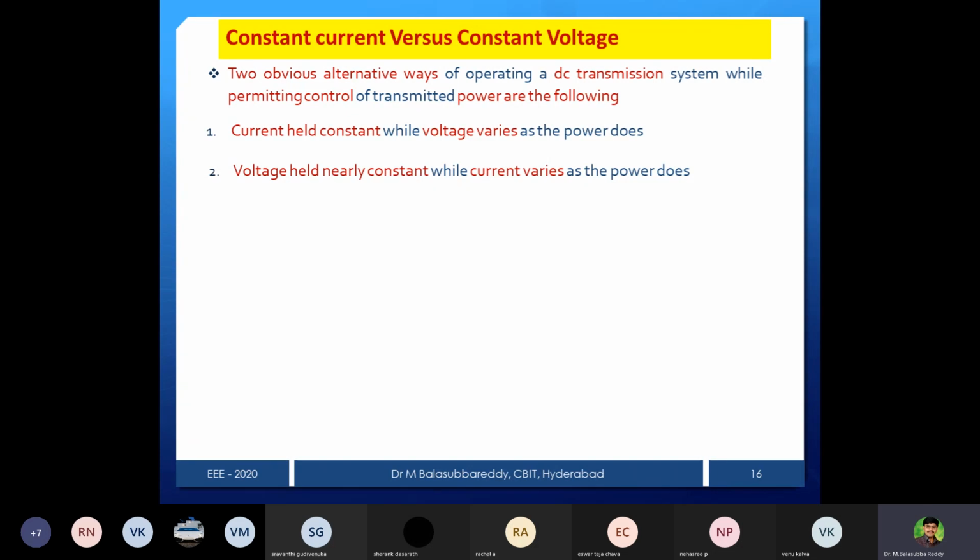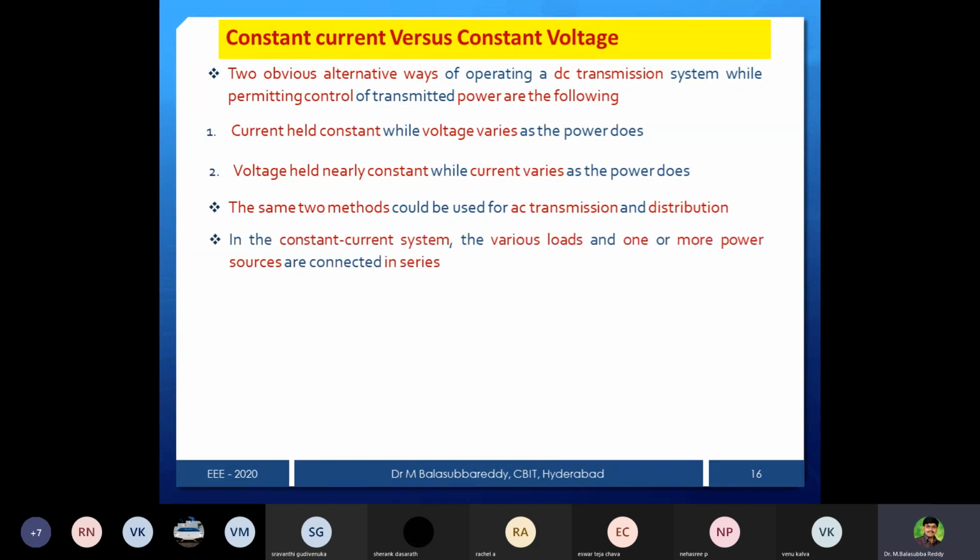You can keep the current constant and vary the voltage, or otherwise make the voltage constant and change the current. The same two methods could be used for AC transmission systems also. Whether it is DC or AC transmission, that will be possible.